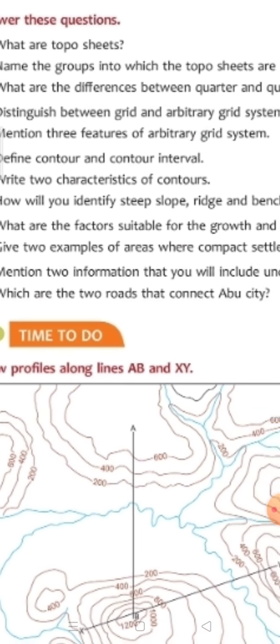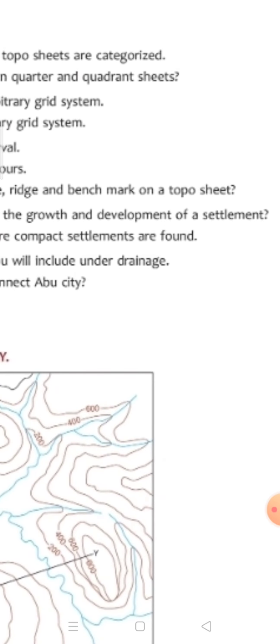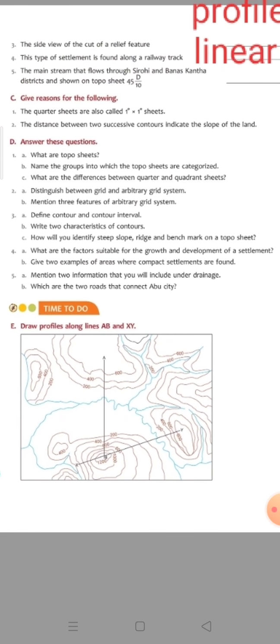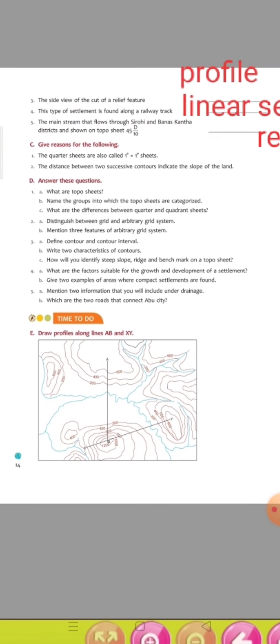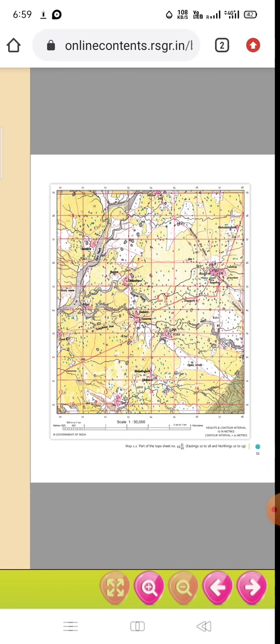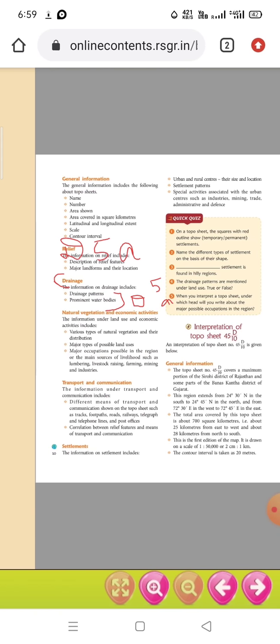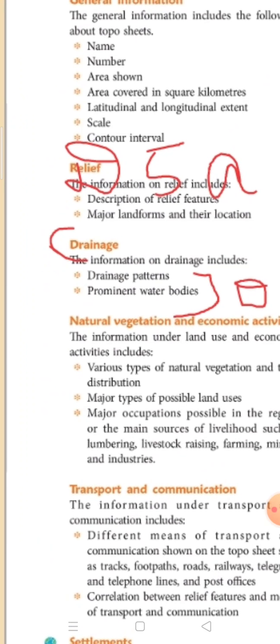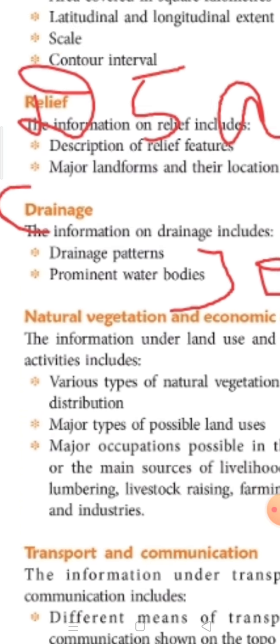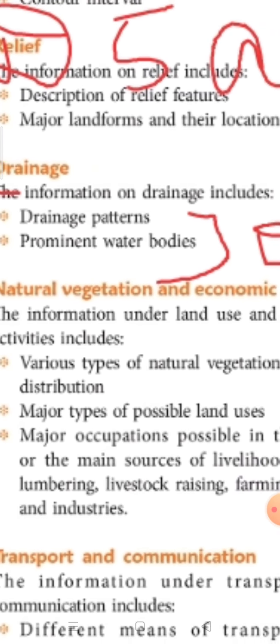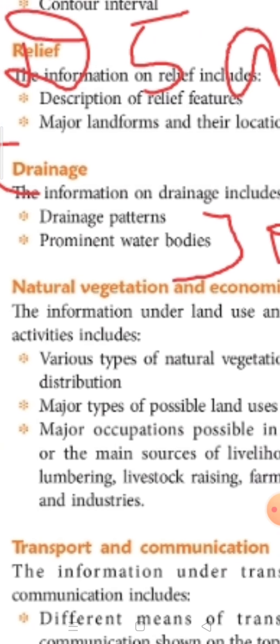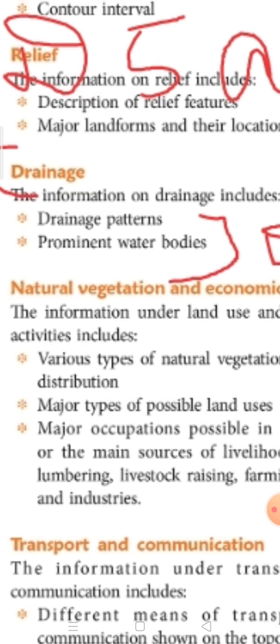Mention two information that you will include under drainage. The information on drainage includes drainage patterns and prominent water bodies.